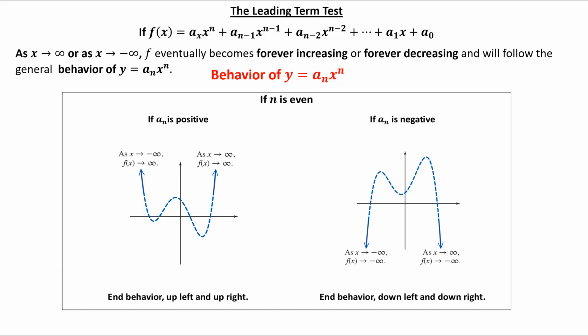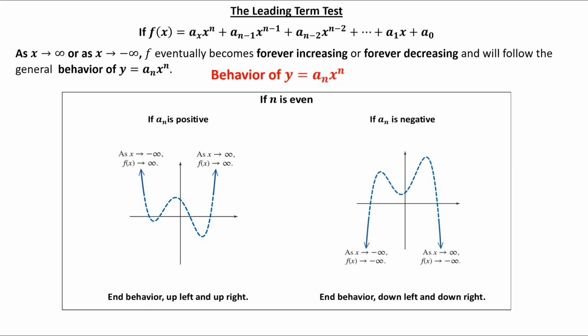However, if the leading coefficient, a sub n, the number that's being multiplied by that even power of x, is positive, then both ends will keep going up and up and up. So if the leading coefficient a sub n is positive, and you have an x to the n with an even power, then as x gets bigger and bigger positively, as x goes to infinity, that function is also going to go to infinity.